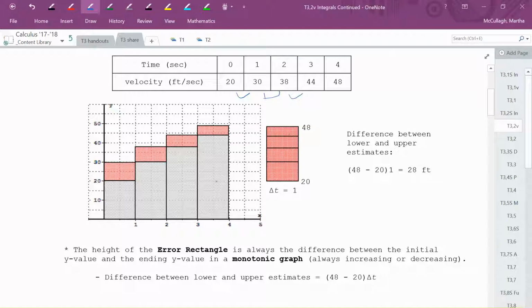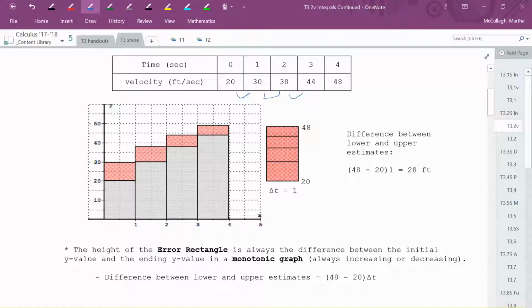The lowest value is 20. The difference there, 48 minus 20, gives me 28, times this delta t, the width of the rectangle in each one of these increments, is 1 second. So I've got 28 feet per second times 1 second gives me 28 feet. So that's the error rectangle.